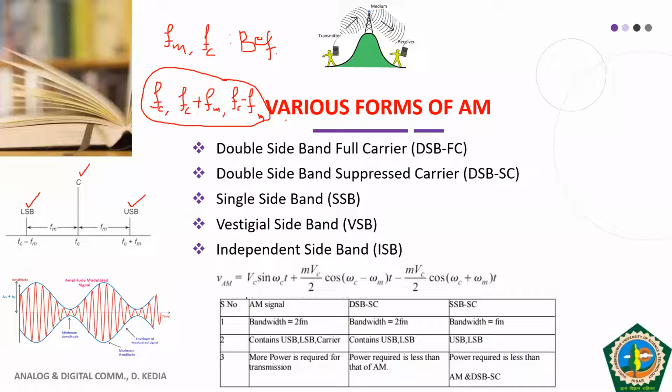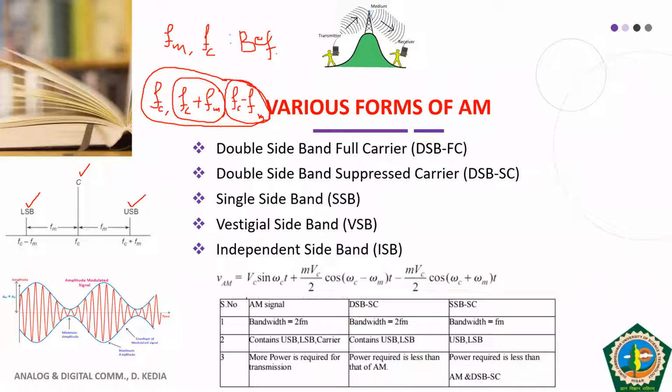Understood this point? Because of modulation only, we have obtained a frequency FC plus FM, which is more than FC, and FC minus FM is also a high frequency.